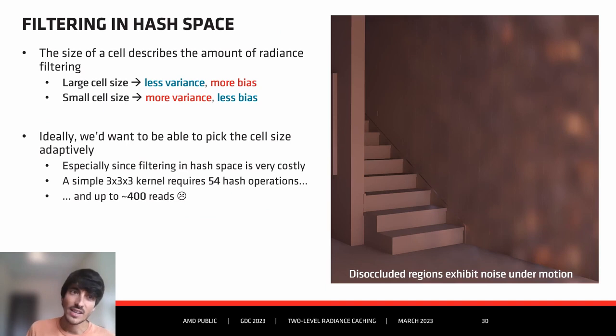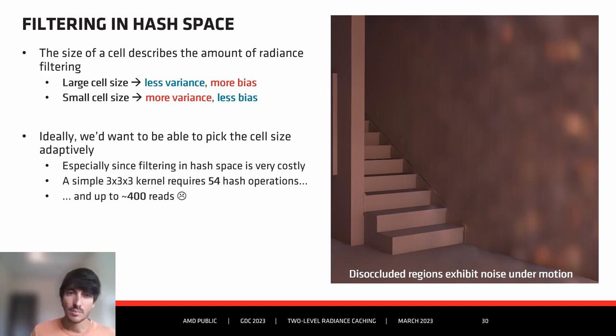All right, now I'd like to talk about filtering in hash space. It's quite an interesting topic. It's quite challenging. We noticed that the occluded regions may exhibit a significant amount of noise under motion. So here the camera is moving to the right, and you can see this kind of blotchy noise coming directly from the noisy hash cells.